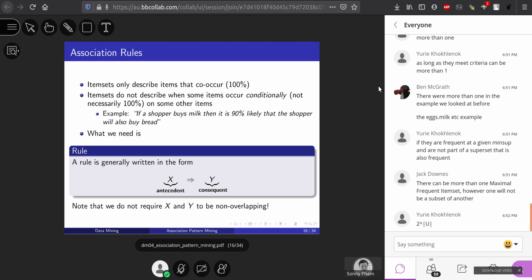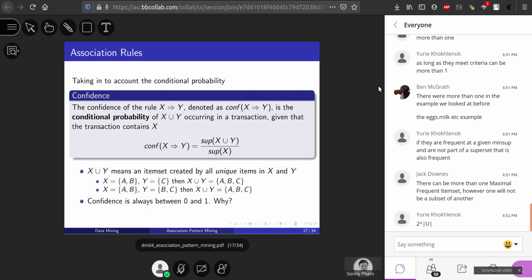If it is an item set, we look for milk and bread. But if we want to assign a conditional probability, then we say there is a 90% chance that the shopper will also buy bread. So it gives more room to find out the relationship between different items in transaction data sets.